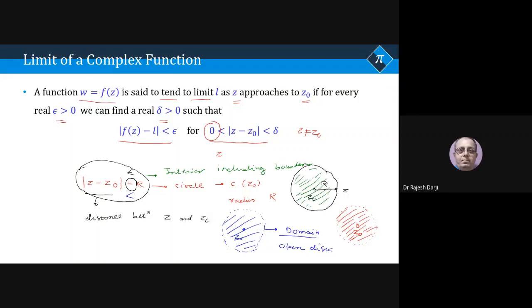Then this type of disk is referred to as a punctured disk. There is a pinhole at the center. Okay, so this point is excluded. So I think now this is clear, the geometry.